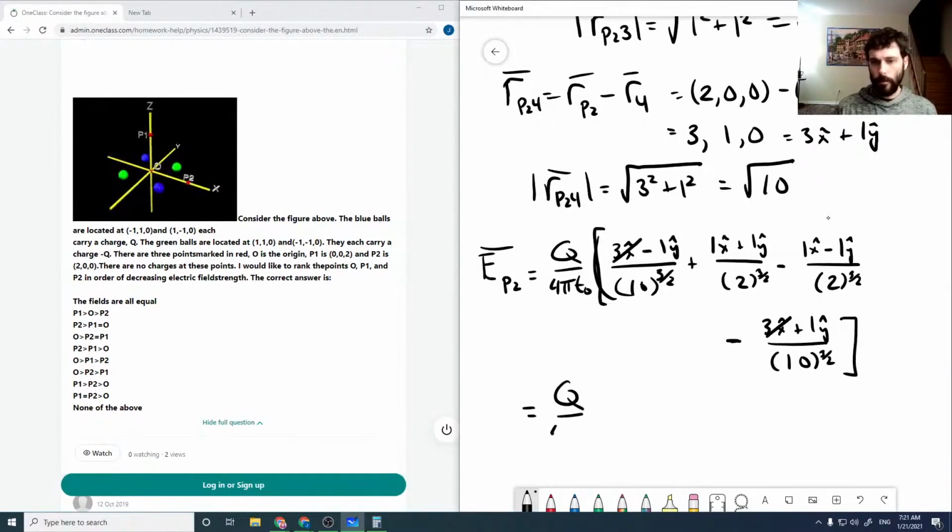So Q over 4 pi epsilon naught, so minus 2 y hat over 10 to the 3 halves. And then here our x hats are going to cancel and our y's are going to double up. So plus 2 y hat over 2 to the 3 halves.